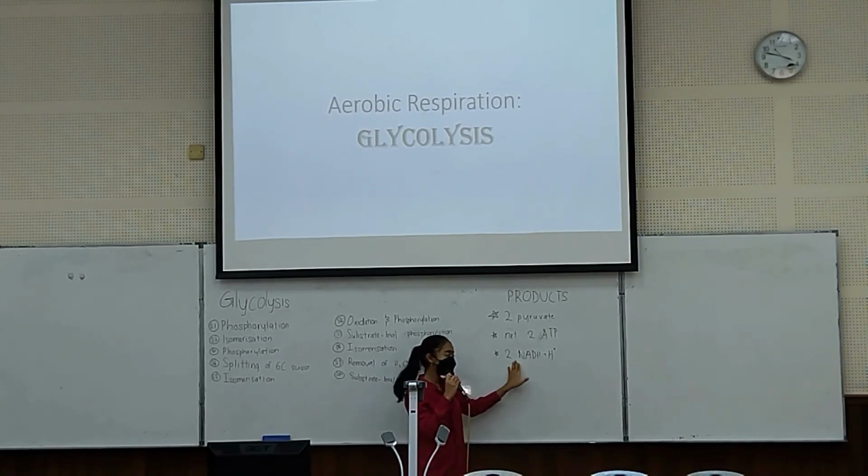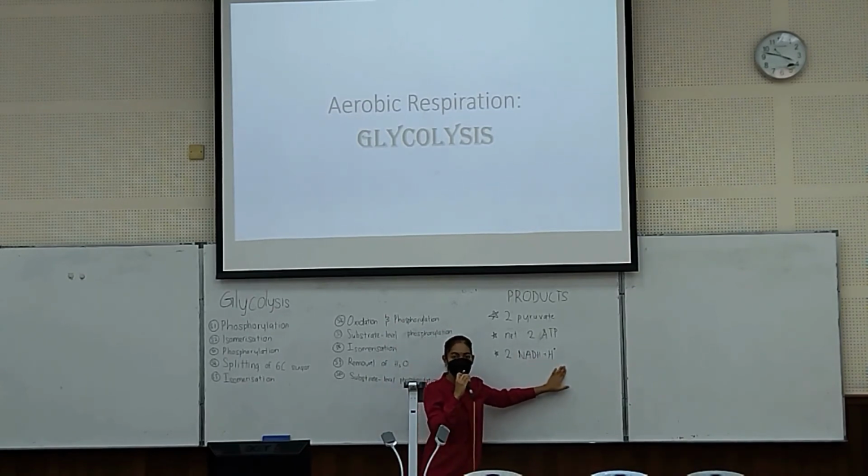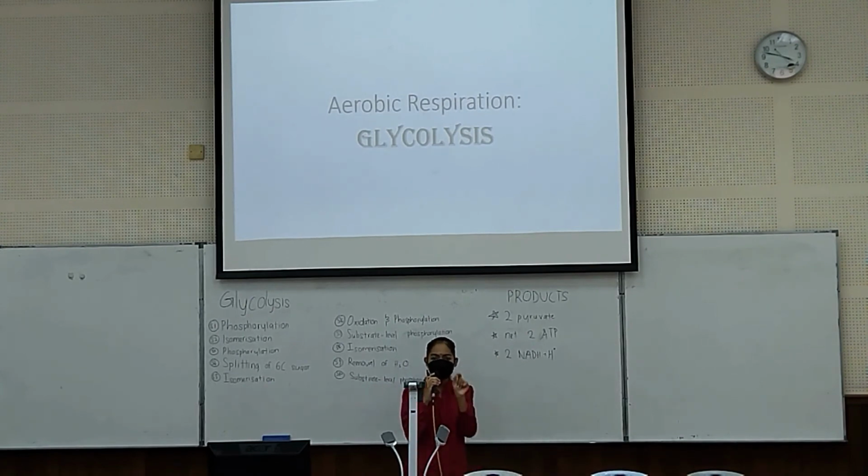So you should read the questions properly, if they are asking for 1 glucose, 2 glucose, or many more. So if they say 1 glucose, these are the products obviously.